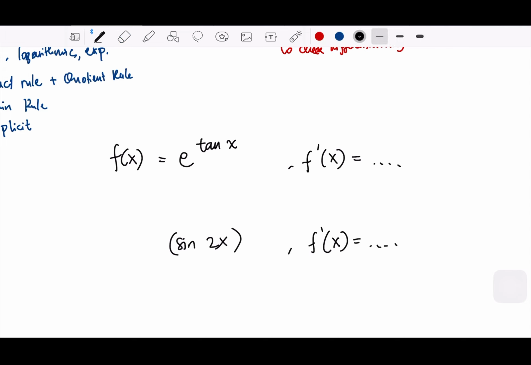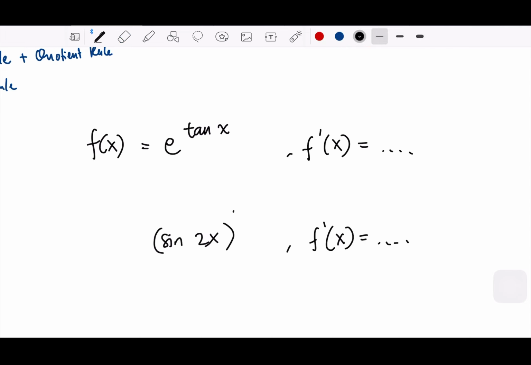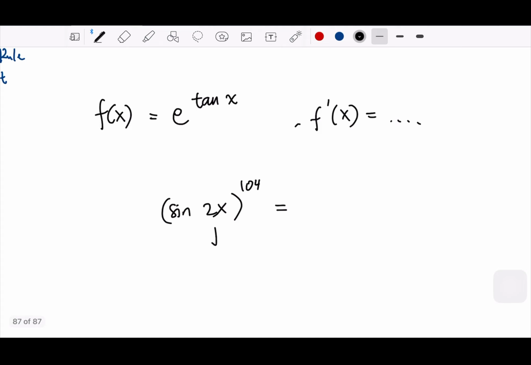Let me write this more clearly. It's 104. So we are not going to find the first derivative, but this means the 104th derivative. So we are going to differentiate sine 2x 104 times.